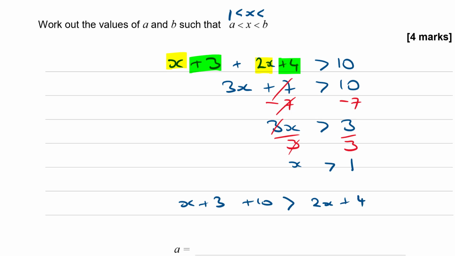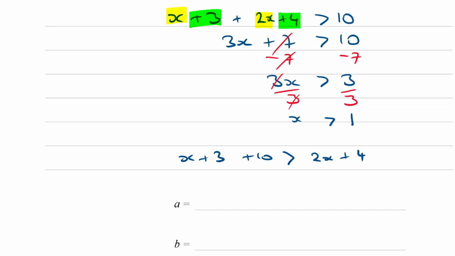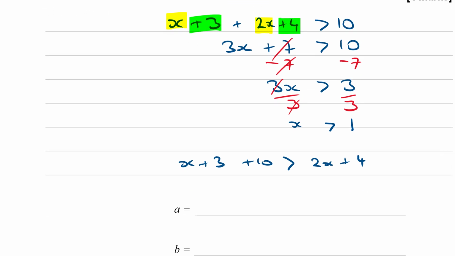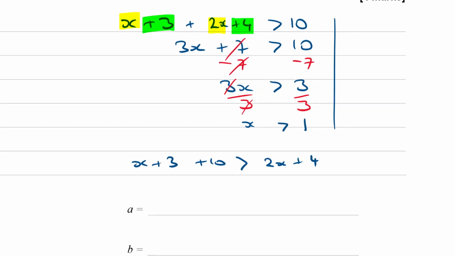That gives me a different inequality that I can go on to solve. So collecting like terms on the left, I'm just going to write it up here because I'm running out of space. So x plus 13 is going to be greater than 2x plus 4. Let's subtract x from both sides.